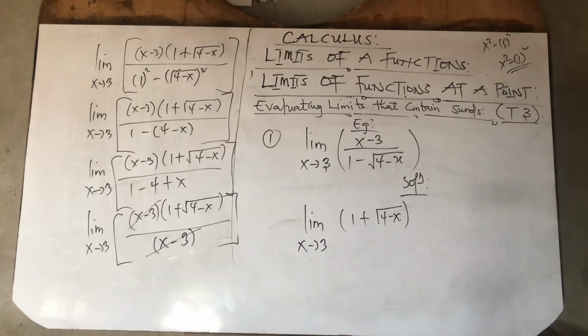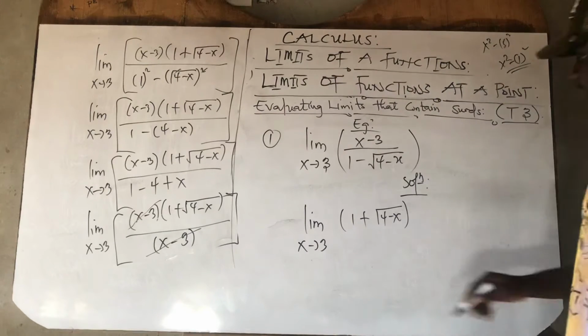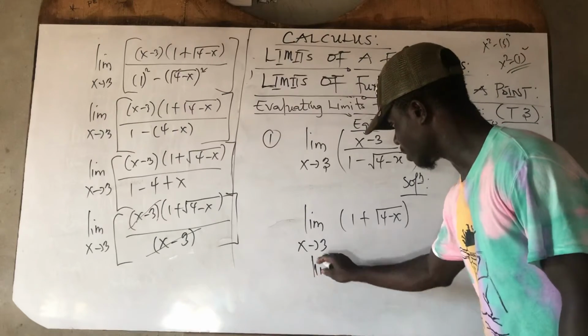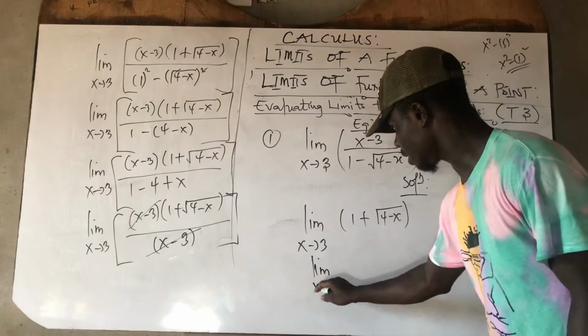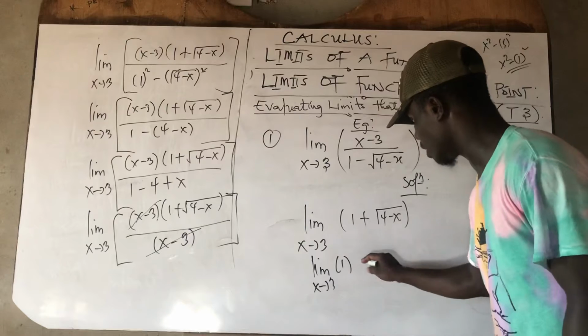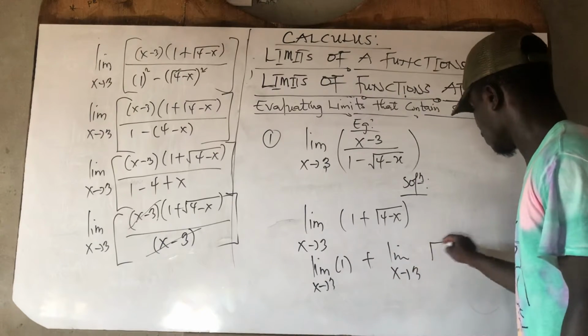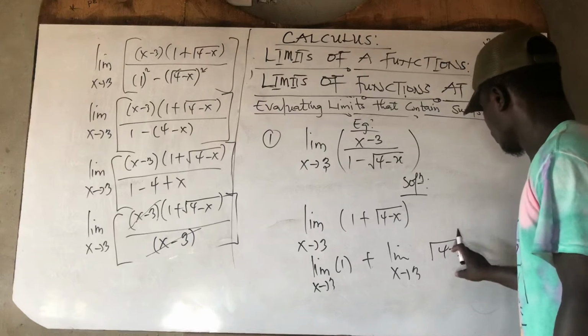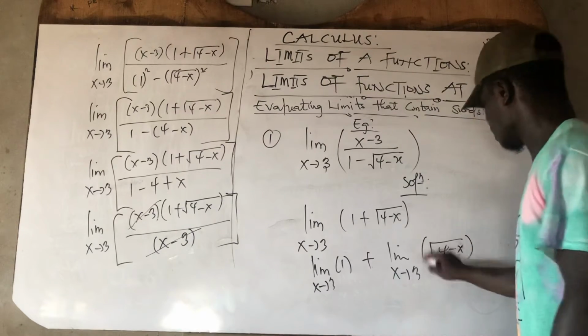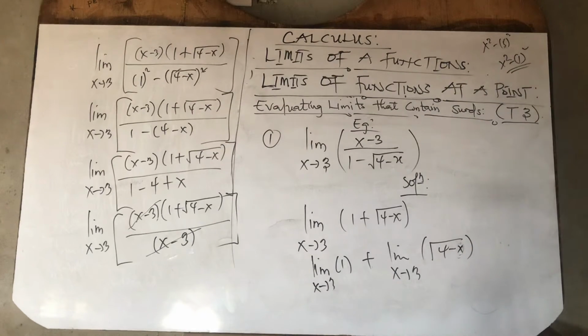That's that. Right? So now, if you have this, then we can say the limit as x approaches 3 of 1 plus the limit as x approaches 3 of the square root of 4 minus what? X. Forgot.